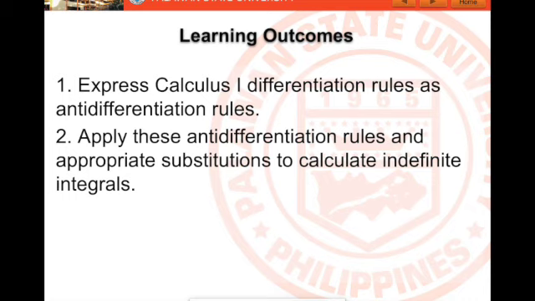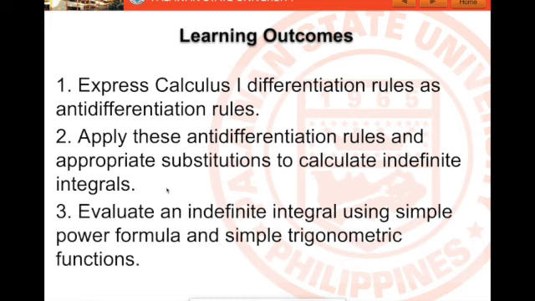But for today, as this is day 1, lesson 1, module 1, we will just be dealing with indefinite integrals. Number 3, evaluate an indefinite integral using simple power formula and simple trigonometric functions.